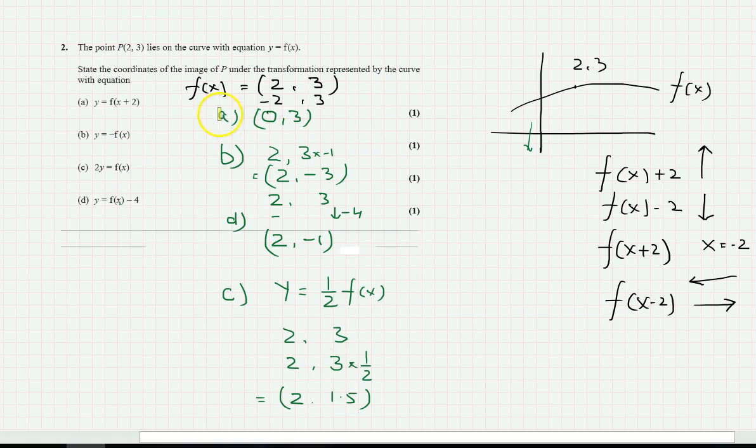So A will be 0, 3. B will be 2 and minus 3. C will be 2 and 1.5 and D will be 2 and minus 1. This question was of 4 marks and a pretty easy one.